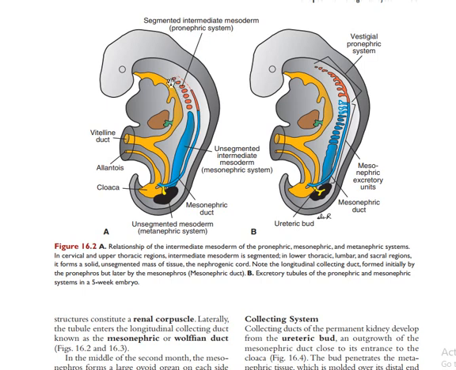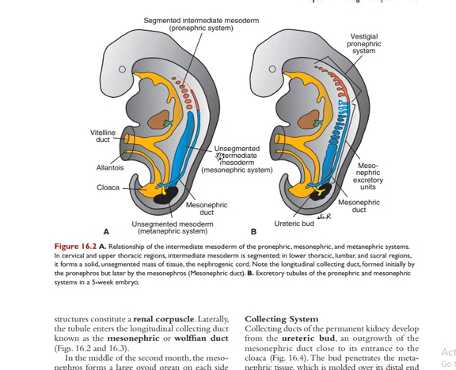The renal tissue produced here is the pronephric system, and its associated tube is called the pronephric tubule. The pronephric tubule carries the initial urine from the pronephric system out into this portion here.